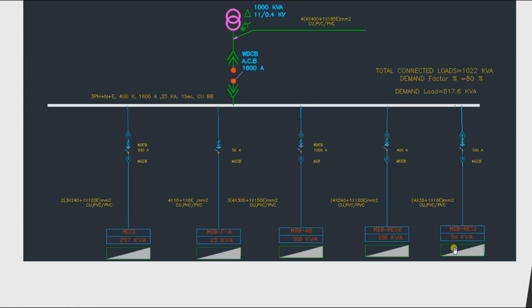And then after applying a diversity factor, we obtained 50 kilovolt-amperes or 150 kilovolt-amperes, whatever it is, depending on what project we are dealing with, as we will see in the rest of the course. But anyway, we have this main distribution board for the building. All of these boards are taken from a transformer connected to the power grid.